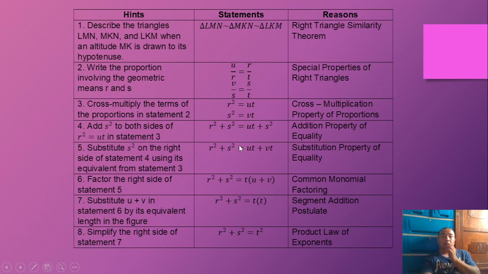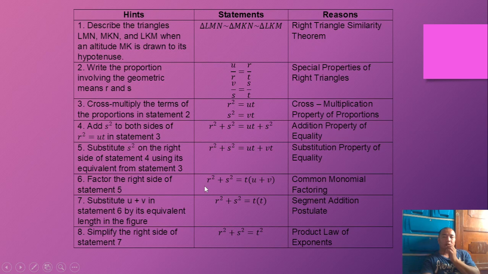So we substitute s squared as vt. r squared plus s squared equals ut plus vt. Reason: substitution property of equality. Next, let's factor the right side of statement 5. ut plus vt has a common factor which is t, so t times the quantity u plus v.